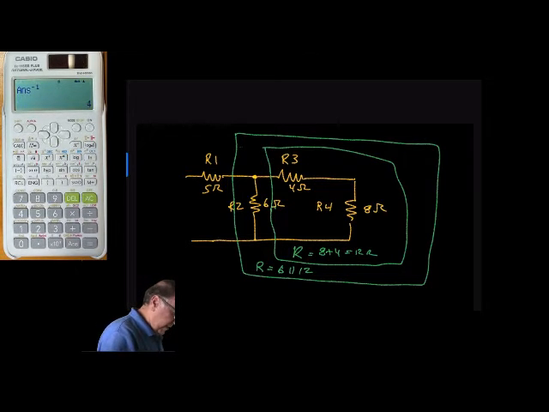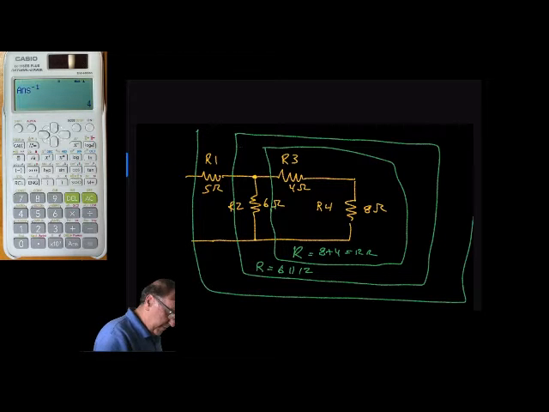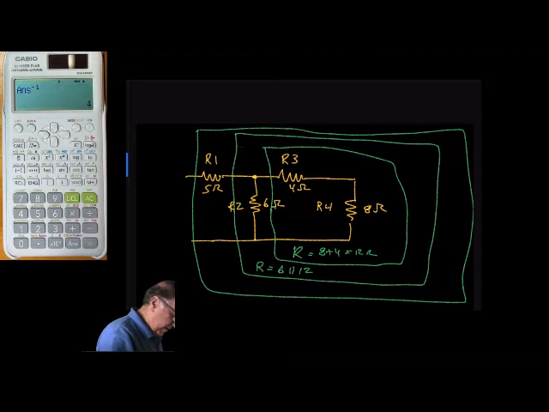Then we can draw a box around the whole thing now and say that R equals 4 plus 5 equals 9 ohms. Basically we'll calculate the parallel resistance just as we did before, but it's just a simpler way of looking at this thing.